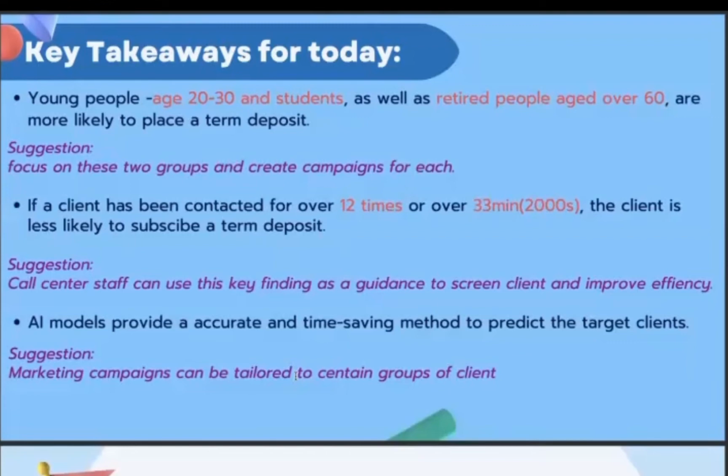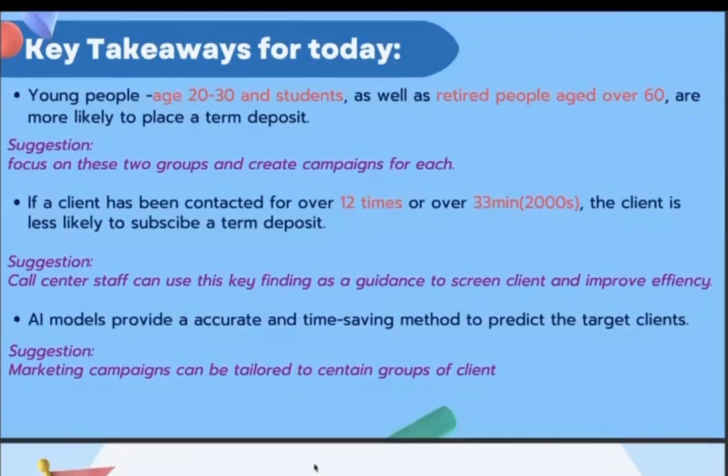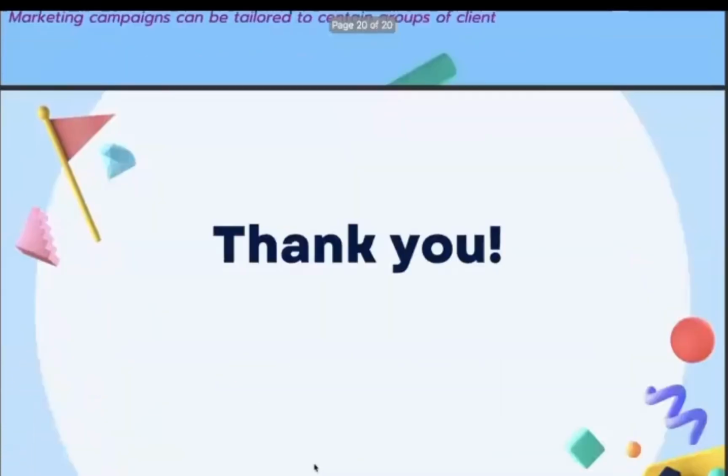The last takeaway is that AI models provide an accurate and time-saving method to predict the target client. Then we can arrange marketing campaigns, and the marketing campaigns can be tailored to a certain group of clients. That's our presentation. Thank you.